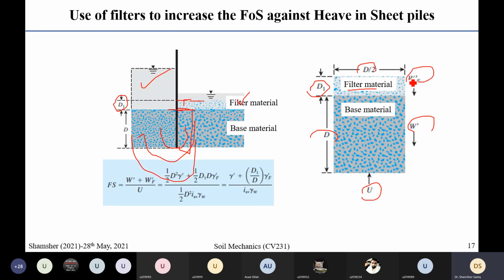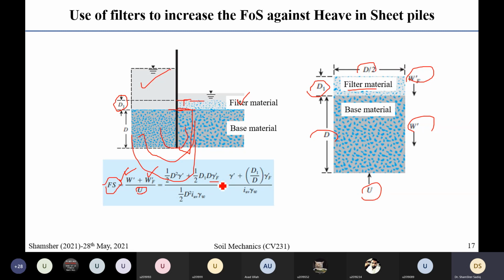Now you already know that, for example, the seepage stress, or seepage force per unit volume, will remain the same. Now this w dash term, if we increase it, the factor of safety will come out greater than 1. So to increase it we are introducing one new term, to calculate the weight of the filter material, which is equal to the volume, 1 out of plane multiplied by this d by 2 multiplied by this d1, multiplied by the unit weight or the density of the filter material.